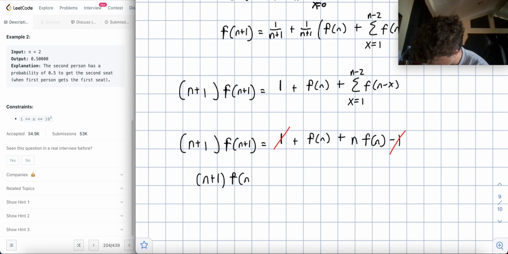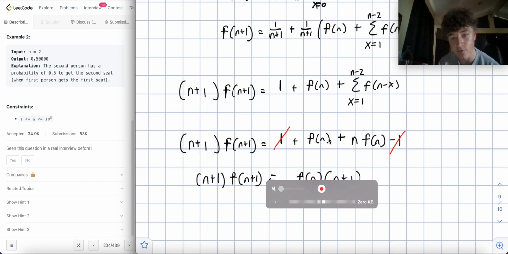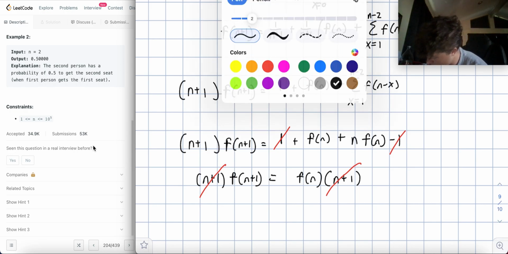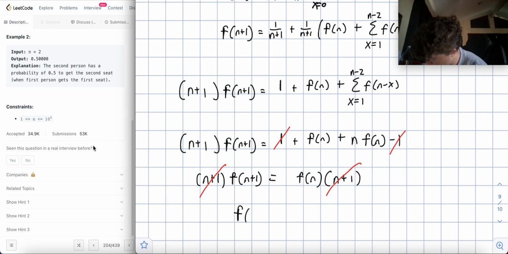F of n plus 1 equals f of n times n plus 1. I'm just factoring out this f of n. And then if you notice, strangely, these two terms cancel. And you have the relationship where f of n plus 1 equals f of n.